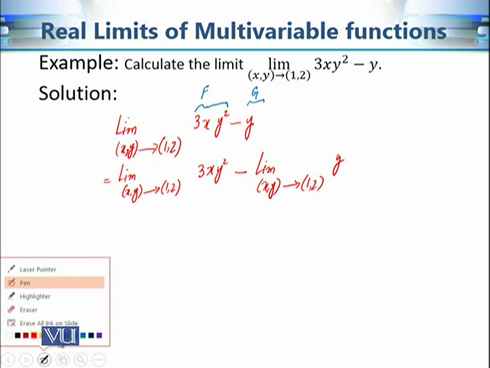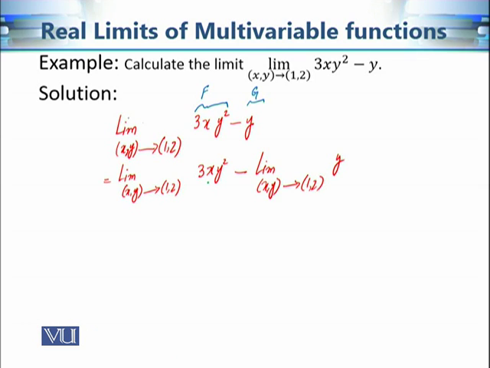Now, once again, there is a product of two functions. So let's say this is the first function x, let's call it f, and let's call this g. So once again, it is the limit of the product of two functions. Using the previous result once again, we should be able to write it in the following way.